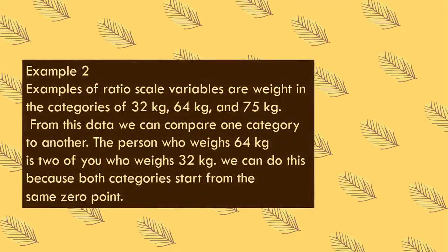Examples of ratio scale variables are weight in the categories of 32 kilograms, 64 kilograms, and 75 kilograms. From this data, we can compare one category to another. The person who weighs 64 kilograms is twice the person who weighs 32 kilograms. We can do this because both categories start from the same 0 point.